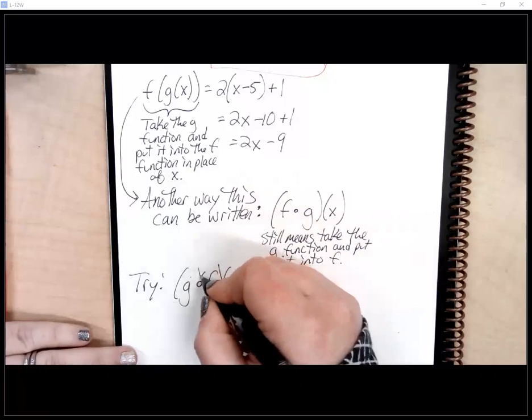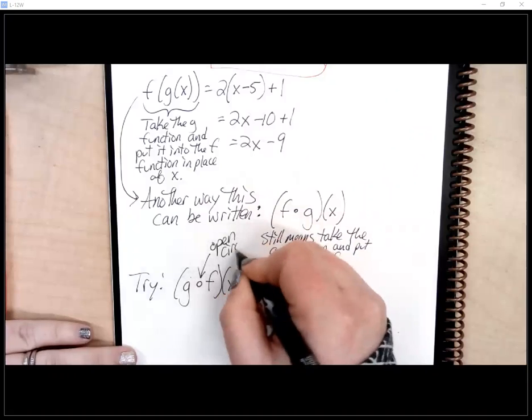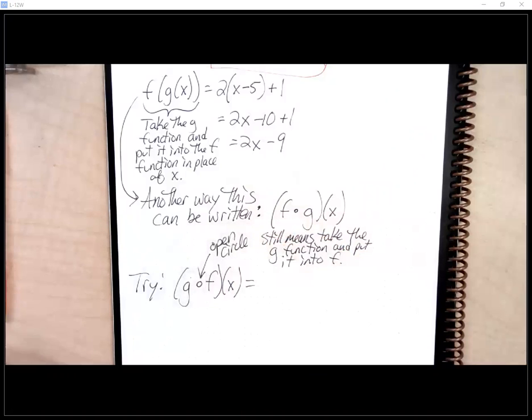That's not a letter O. So you'll be able to see when you are looking at your homework or whatever, you will see an open circle. It is different than a closed dot. Closed dot means multiply, open circle means this operation.